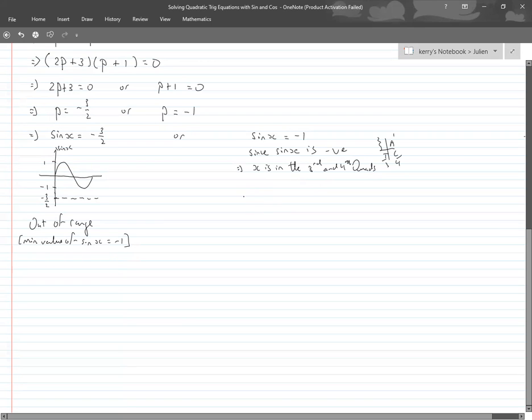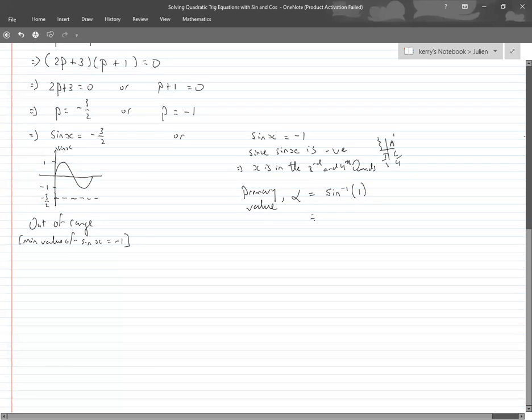We know in which quadrants it lies. The next thing we have to find out is what we call the primary value of x, which we call alpha. We know that it is the inverse of the positive value of the key here, and that will give us sine inverse of 1.